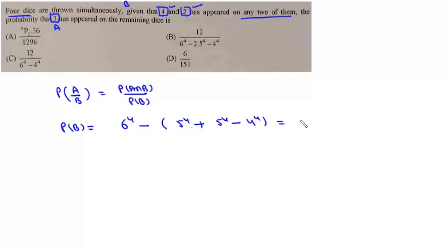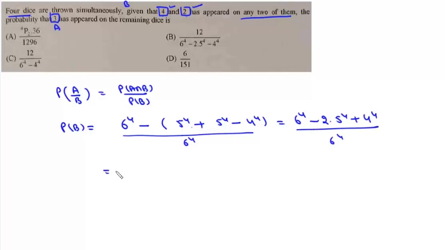So this required probability will be 6 to the power 4 minus 2 into 5 to the power 4 plus 4 to the power 4, whole divided by the total number of ways, which is 6 to the power 4.